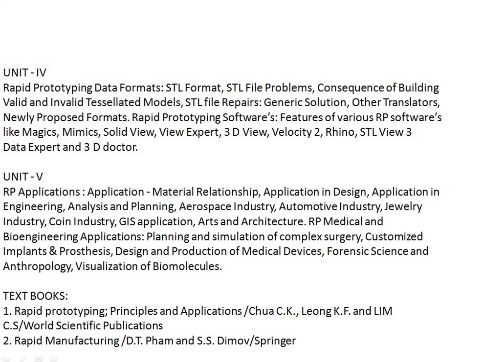This is a basic book for all the units. For manufacturing, the fourth unit, and the second part of the third unit, the second book covers rapid manufacturing. That is the Springer publication. These two books will cover the entire syllabus.